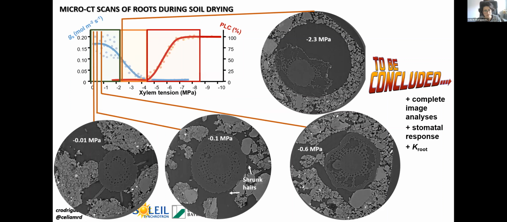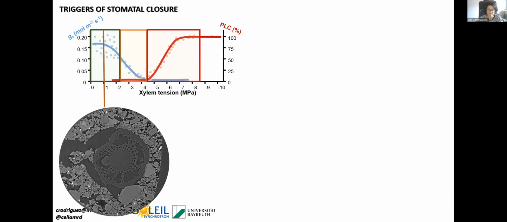But I think this adds more evidence that we need to consider also the interaction between the roots and the soil to fully understand how plants respond to drought. But this doesn't mean that this event triggers stomatal closure.